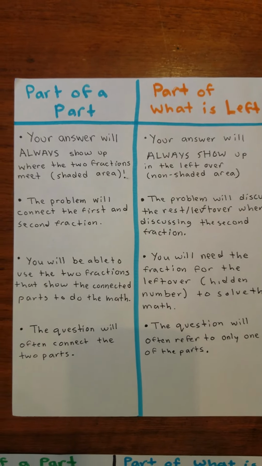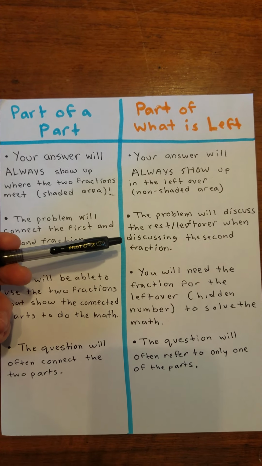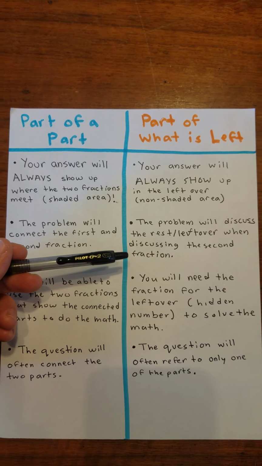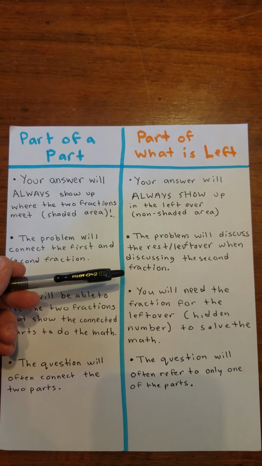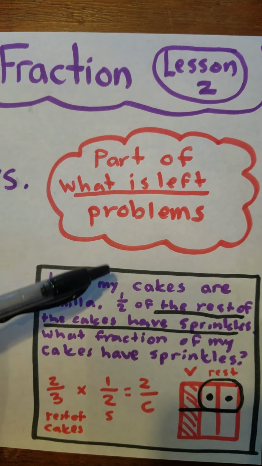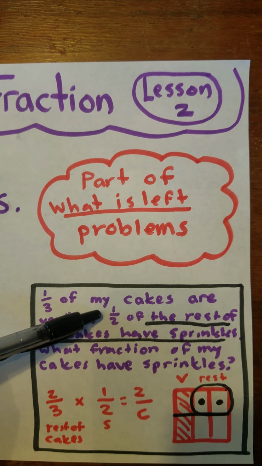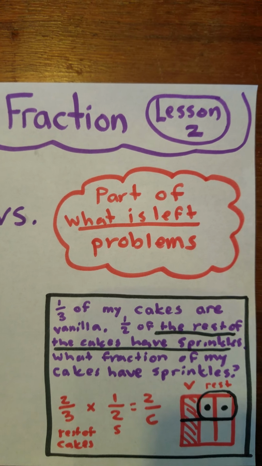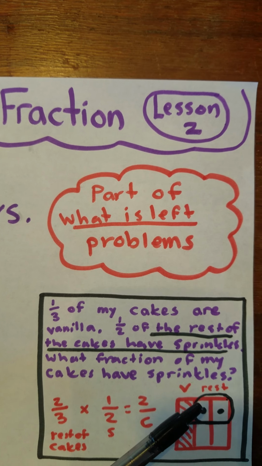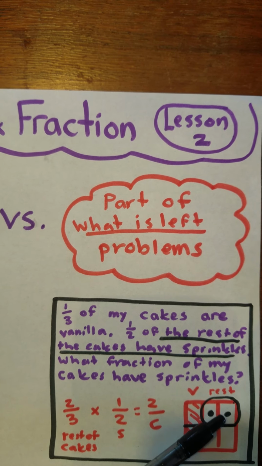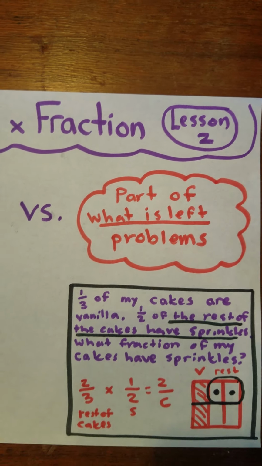However, in contrast, in part of what is left problems, the problem will discuss the rest or the leftover when discussing the second fraction. For example, in this sentence, on the part of what is left problem, 1/2 of the rest of the cakes have sprinkles. This shows that I am actually dealing in the non-shaded area or the leftover area.